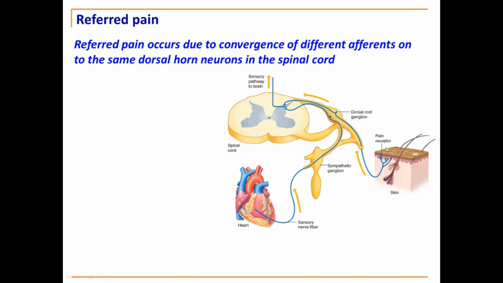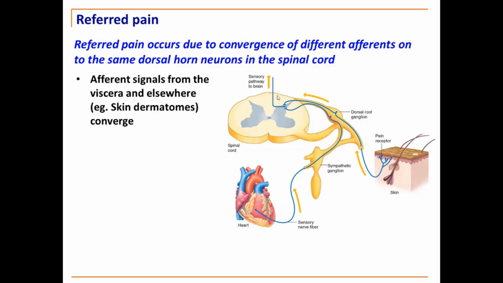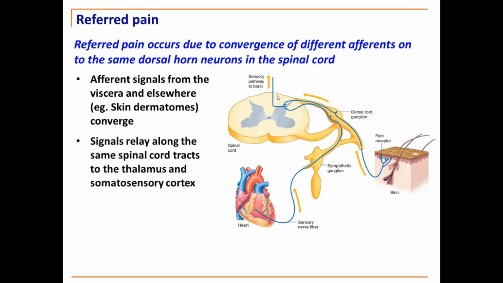At the same time, from the skin, you're seeing nociceptors being stimulated, coming in at the same level of the spinal cord and through the same pathway, and they'll be going up the same lateral spinothalamic tract. So you've got afferent signals from the viscera and elsewhere, such as your skin dermatomes, that converge. And the signals relay along the same spinal cord tracts to the thalamus, and then onto the somatosensory cortex.